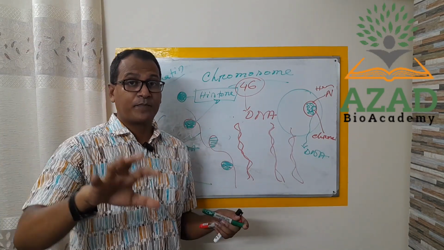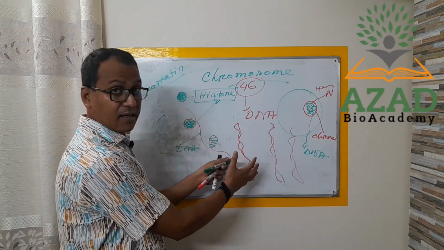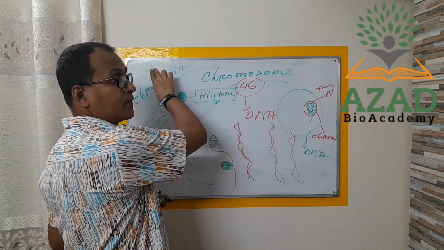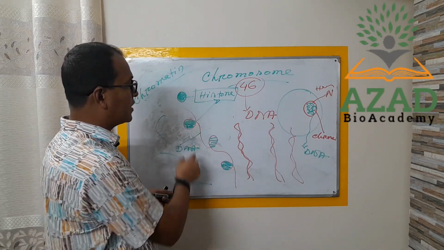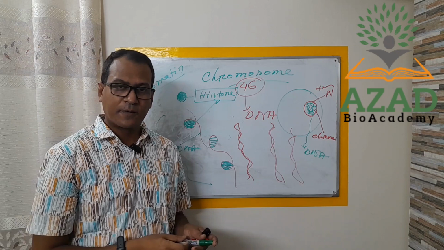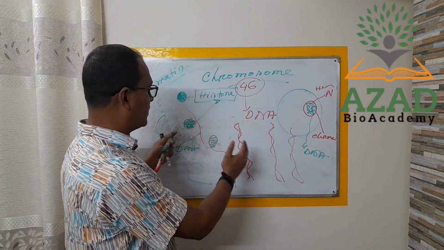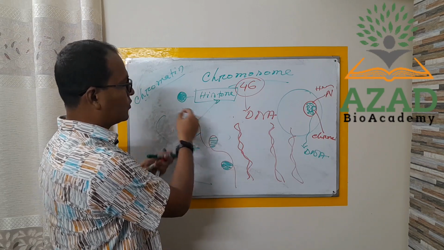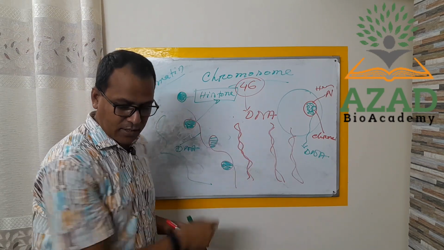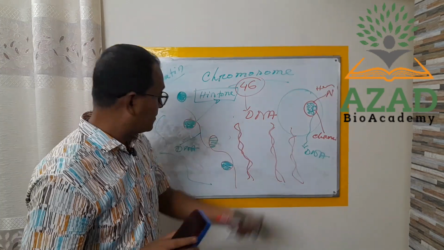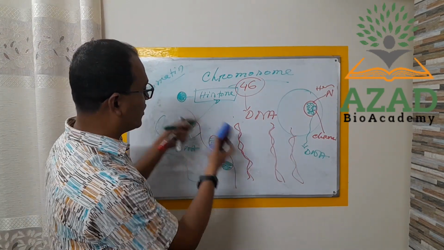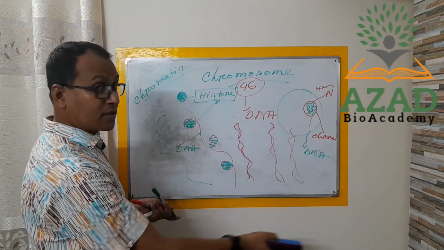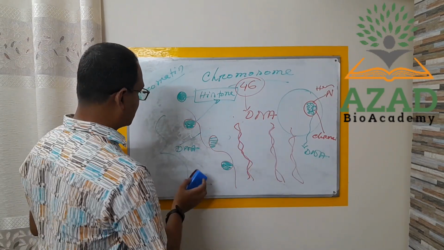Normally the genetic material DNA is present in the form of chromatin, by assembling with the histone protein, because it is very easy to unwind and very easy to locate a particular gene that will be expressed for the production of a particular protein. But when it is more condensed, it is very difficult to unwind.